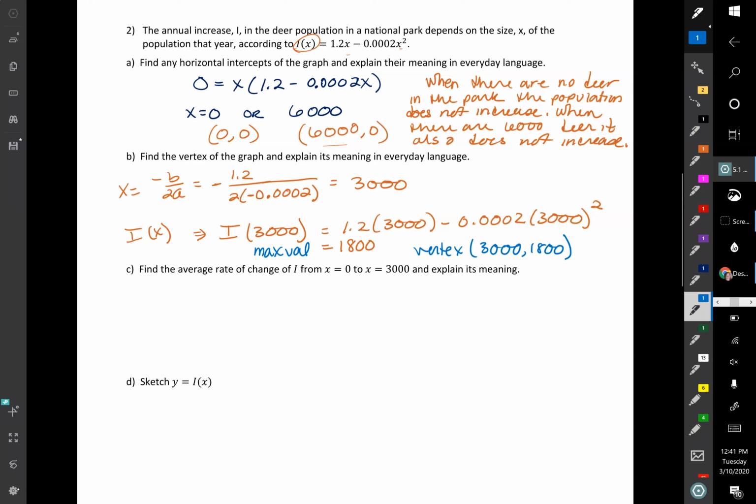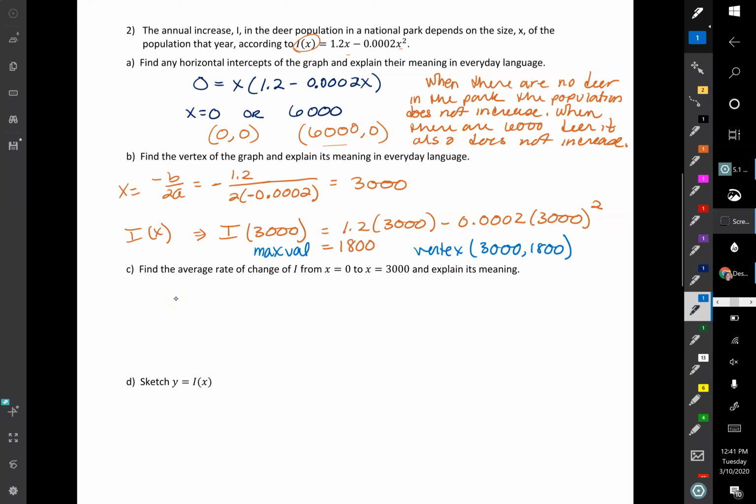The next question, find the average rate of change of I from x equals 0 to x equals 3,000. That's just that increasing piece from 0 up to the vertex. So when the deer population is at 3,000 deer, we can expect a max increase of 1,800 deer, and then it maybe drops off after that.